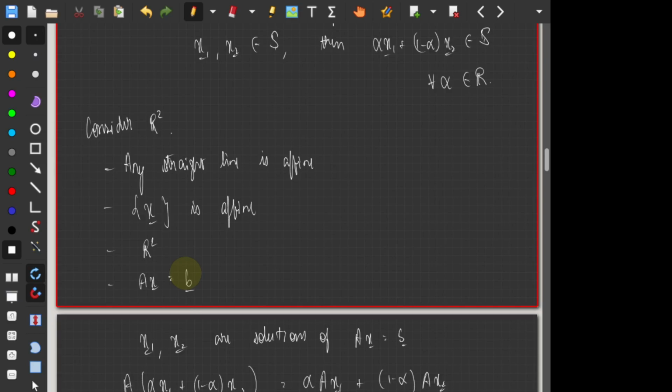Every straight line is affine, but the straight line may not pass through the origin. What is any vector space of dimension 1 in R2? A line passing through the origin. And you can view every straight line as a shift of a straight line passing through the origin.